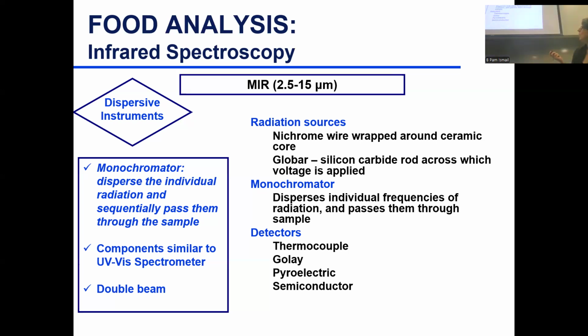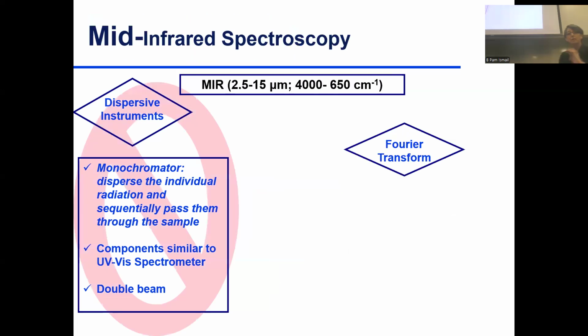And then of course there is a light source that gives you IR radiation, then the monochromator and different detectors. But this is no longer used. I mean, if you belong to a 30-year-old lab, they might still have these instruments.